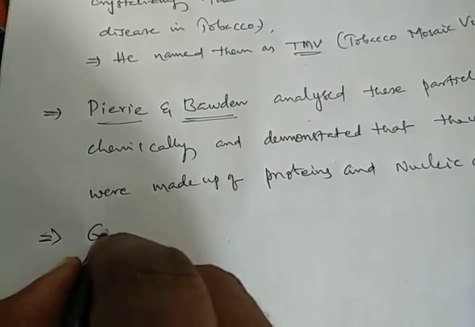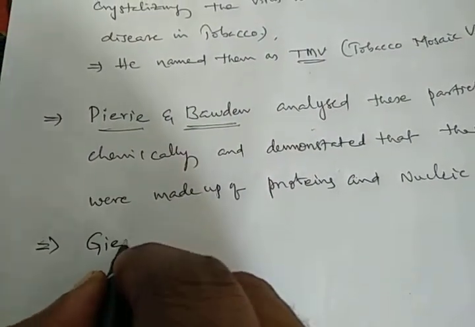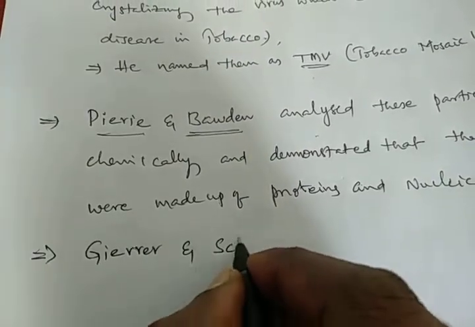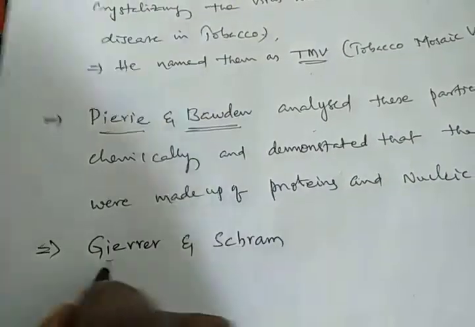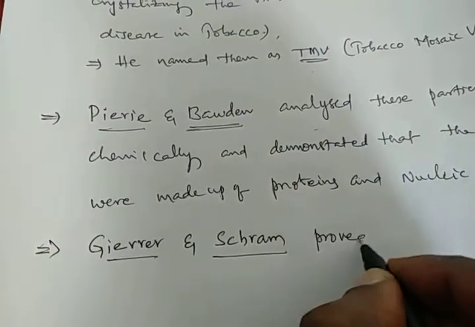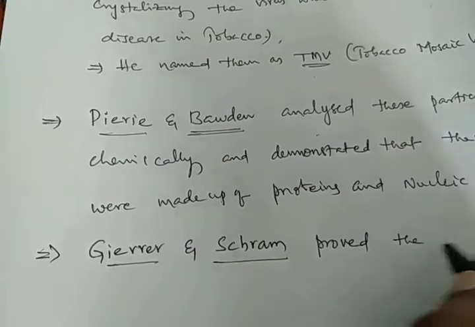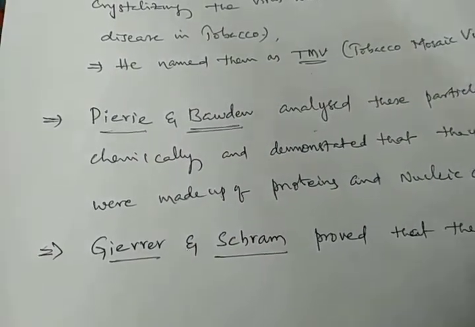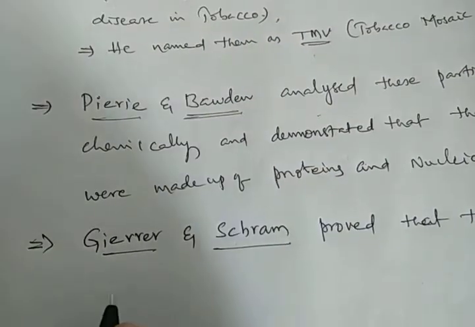Okay, right. Next, Gierer and Schramm. These are the two scientists who proved that the real nature of the infectious agent is nucleic acid.